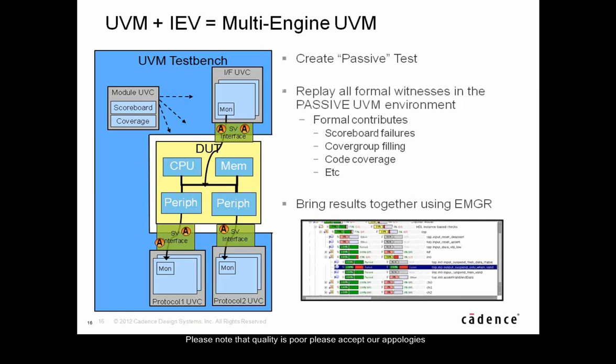So this is another way of mapping formal results to coverage results in a form that is understood by project managers, and can be rolled up along with your simulation metrics. And you can use vManager to see all these results.